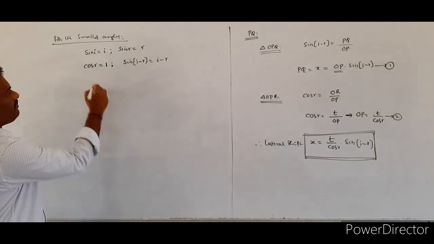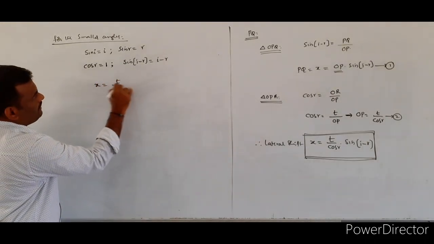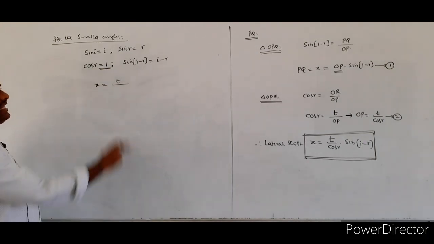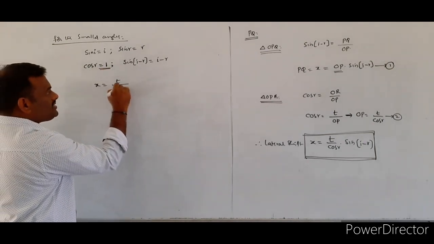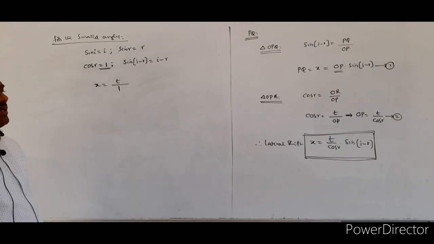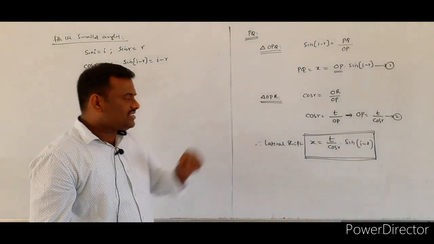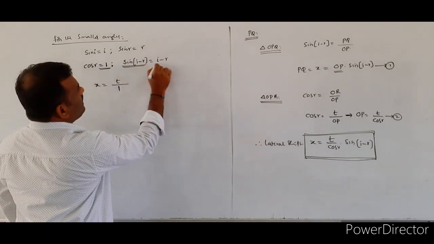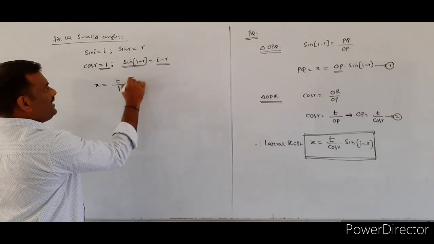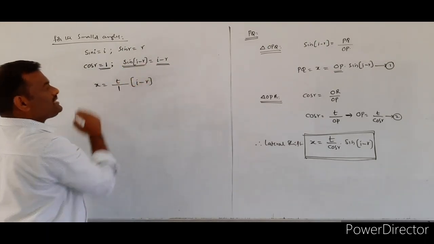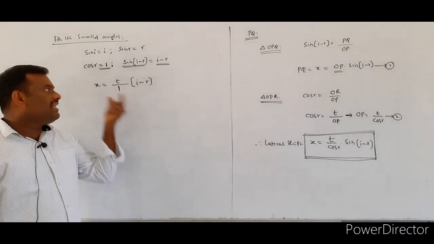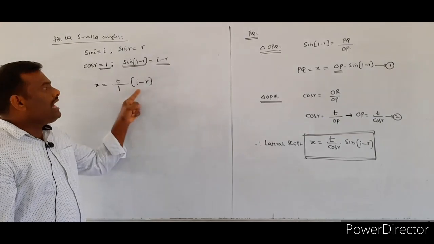Now the equation can be converted as t by cos r, and for small angles cos r value is equal to 1. Next, sin of (i minus r) is equal to i minus r. So for the smaller angles, the lateral shift becomes x is equal to t into (i minus r).